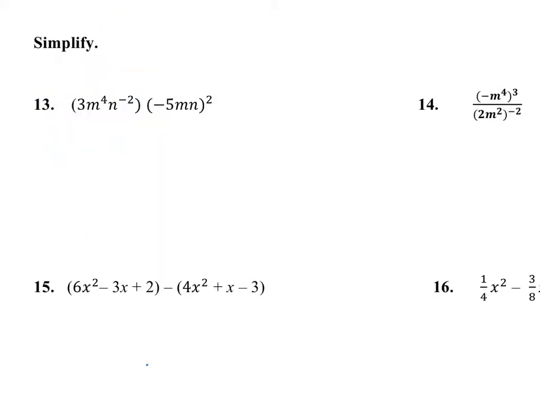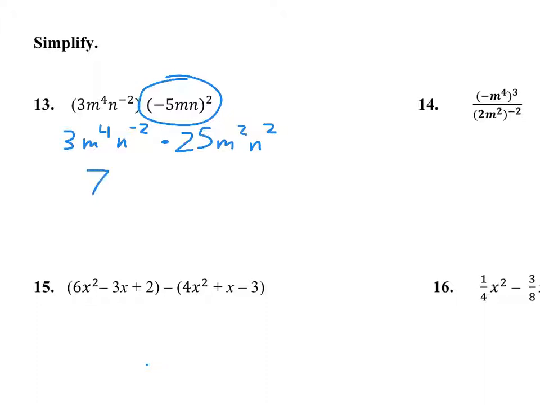For 13, we're going to square this first, so it's 3 m to the 4th n to the -2. -5 times -5 is 25. M gets squared and n also is squared. 3 times 25 makes 75.